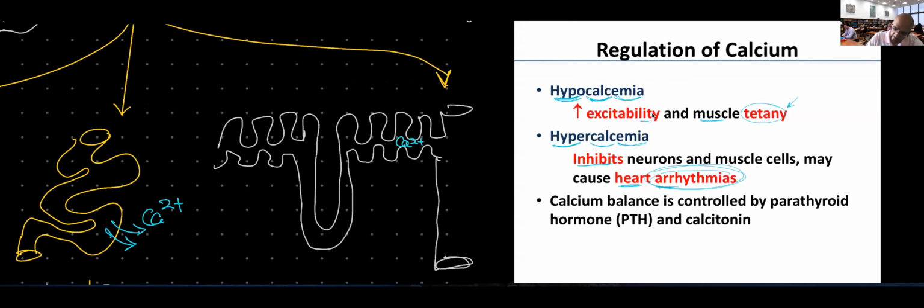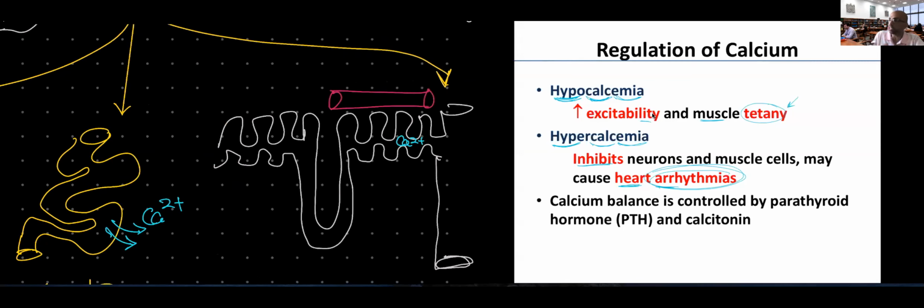I want it back to my blood, because I'm actually breaking down my bones to increase the blood calcium level. So I don't want any calcium to be released out in the urine. So what will I do here as PTH? PTH acts on my proximal convoluted tubules, enhancing the calcium reabsorption back to my blood.